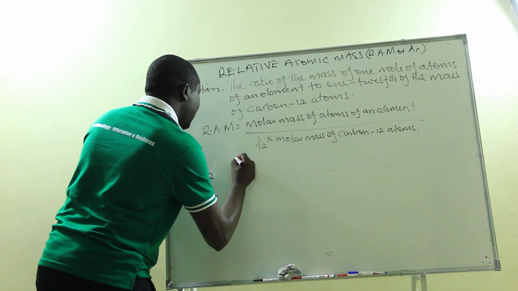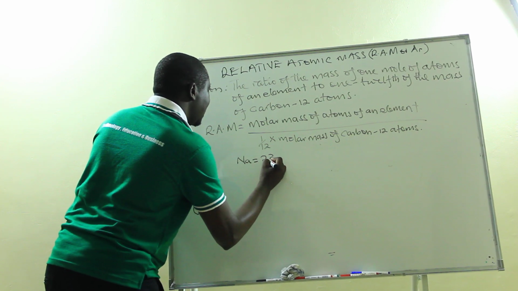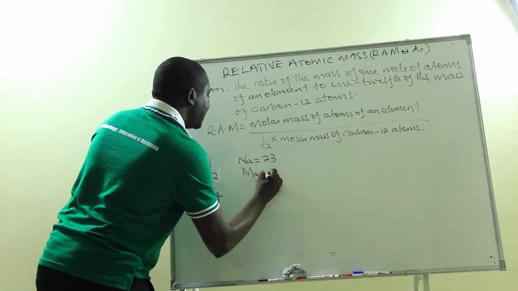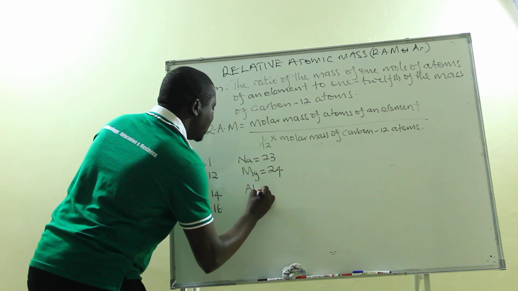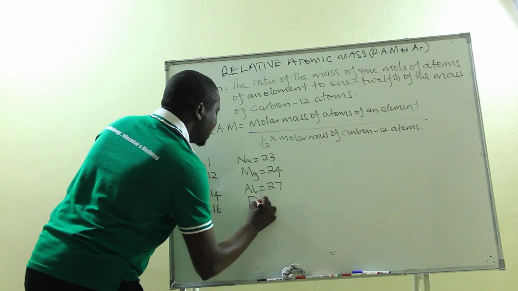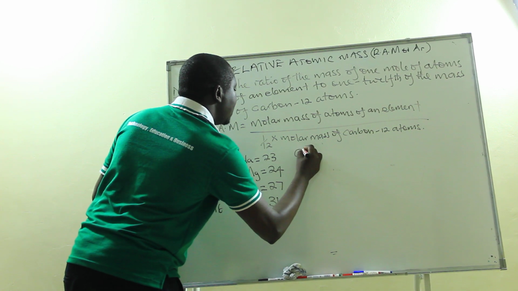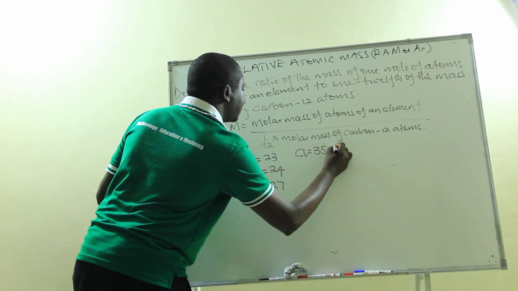We have got sodium with a relative atomic mass of 23. We have got magnesium with 24. We have got aluminium with 27. Phosphorus has 31. Chlorine has 35.5.